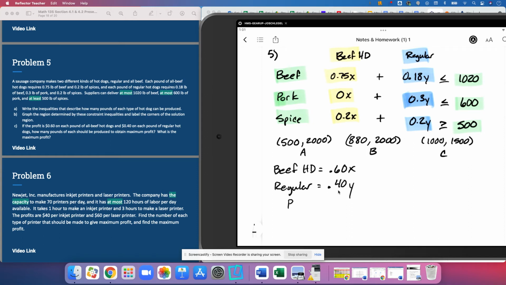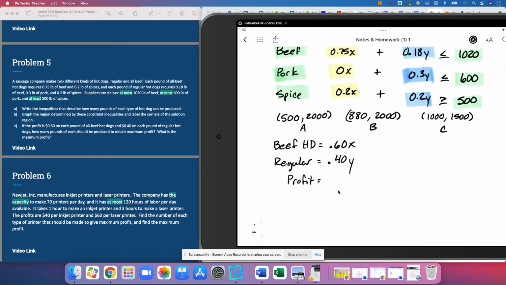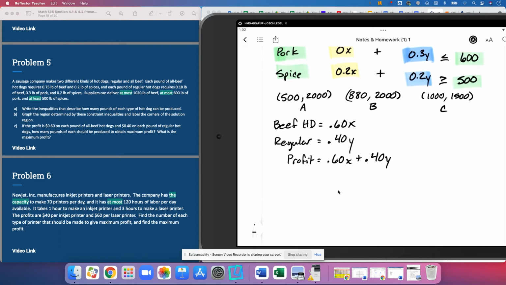And so our total profit function is going to look like 0.60x plus 0.40y. And then we can take our points and put them in there to figure out what the best thing to do is going to be to make as much money as possible.